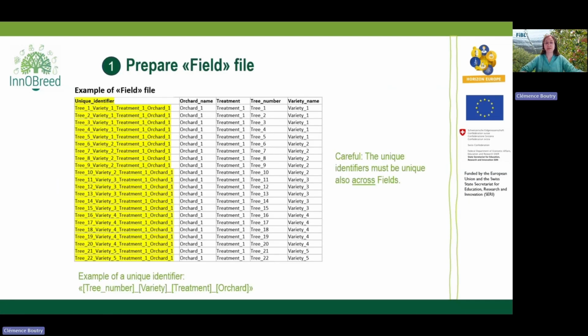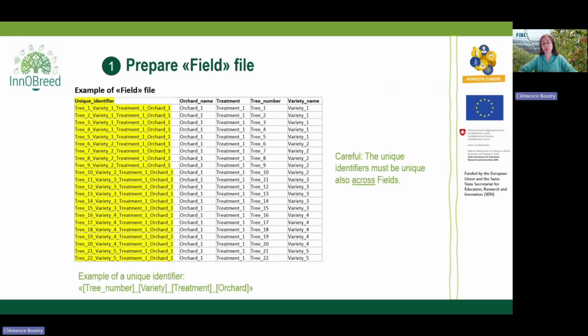So first, the field. So the field contains your metadata: orchard name, treatment, tree number, variety name, and it needs to contain a unique identifier. This column also needs to be unique across fields. Be careful for this. Here in the example, the unique identifier is just the different columns containing the metadata combined with the underscore.